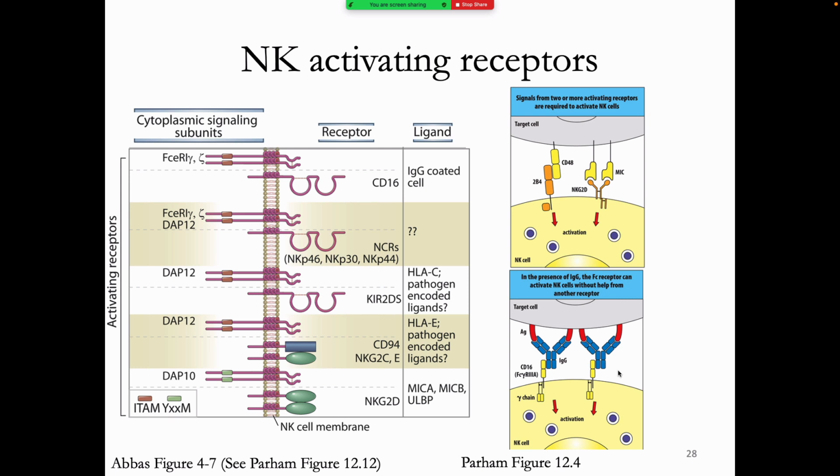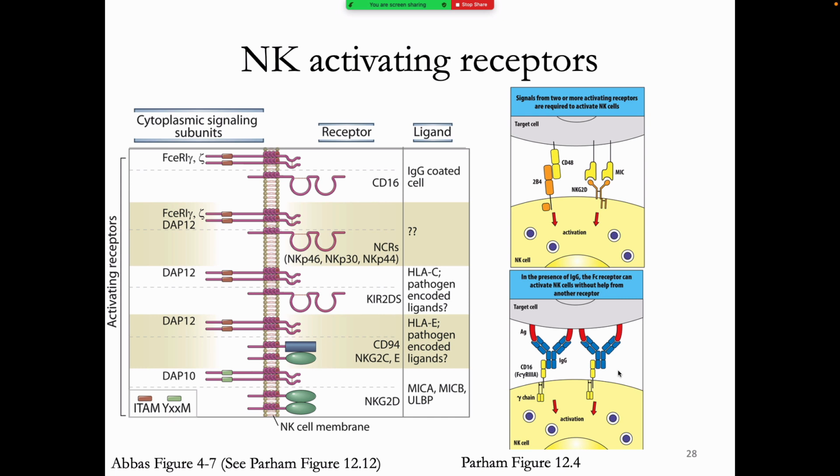One of those that I want to tell you about is this one that's called CD16. And CD16 is also shown in the figure on the right of this slide. CD16 has this other name, which is that it's an Fc gamma receptor.